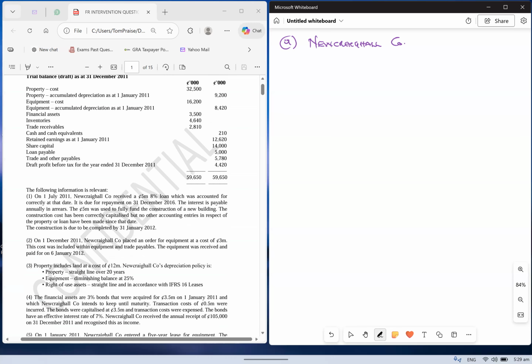Then statement of adjusted profits for the year ended 31st December 2011.